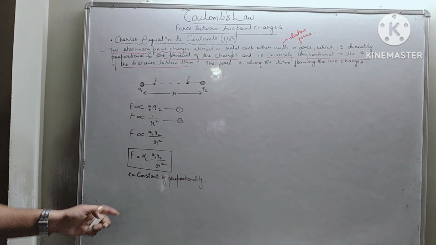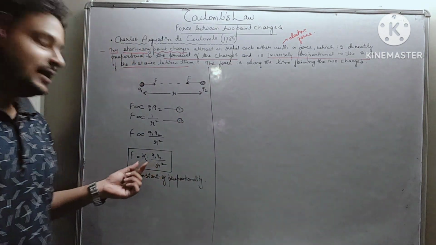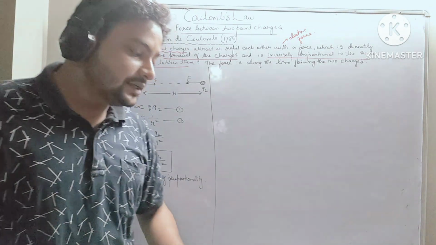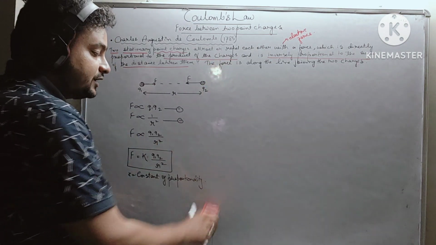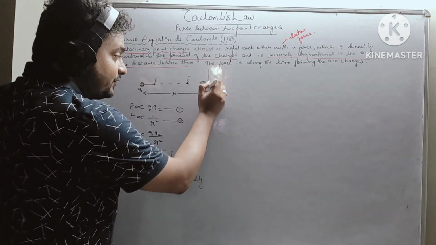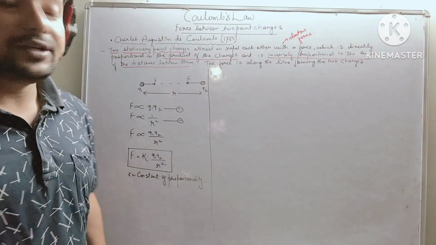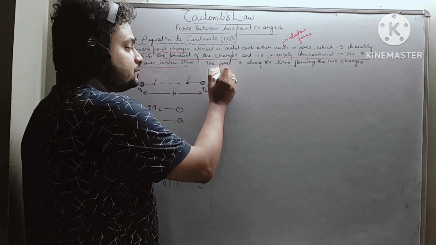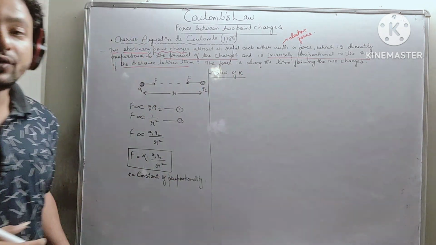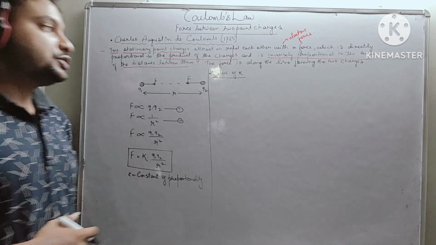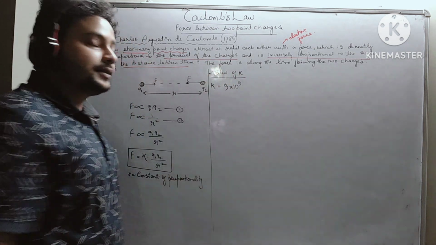In many physics formulas you have seen that the value of K is actually 1 or something else, but over here the value of K is extremely important, because we have a definite value of K. Experimentally it was found that the value of this constant is 9 into 10 to the power 9.